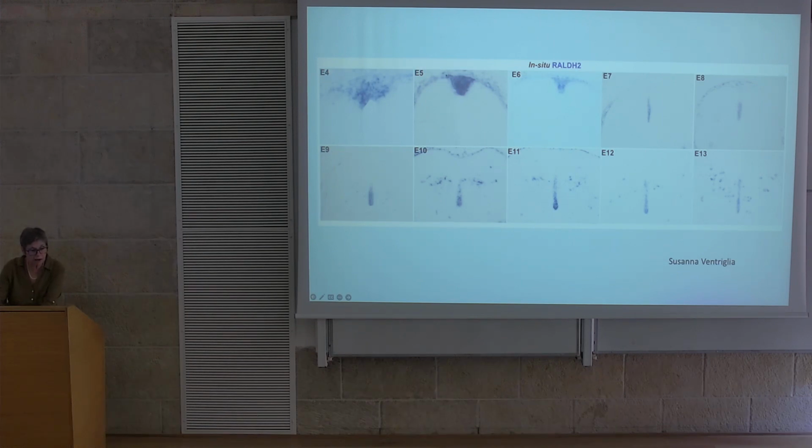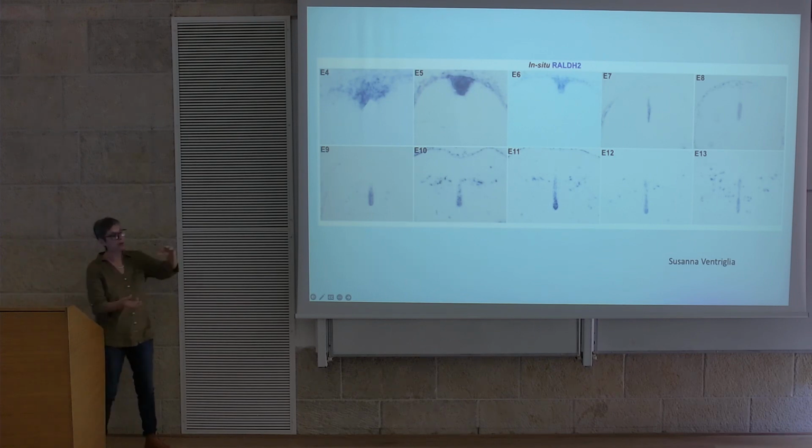And then you go to the roof plate, this dorsal midline structure, and then the roof plate will elongate and turn into what we call the spaghetti-like structure, which is called the radial glia. And all this process is concomitant with the shortening, the stretching of the lumen of the tube, which is very wide, to form the final central canal.